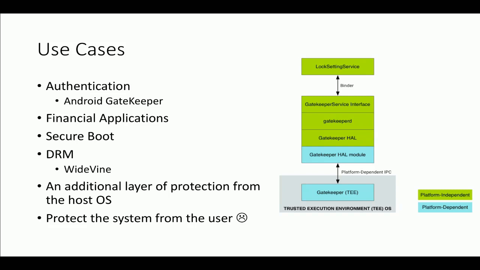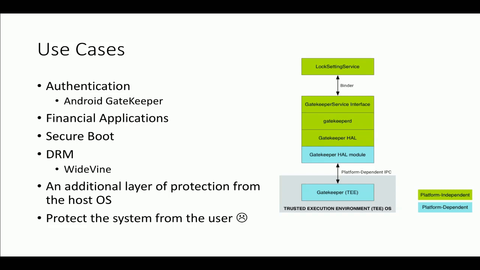So one example of how this works is Gatekeeper on Android, definitely a simplification of it, but you have the lock settings service that communicates via Binder, which is the inter-process communication within the Android high-level operating system. And that's going to talk to a service, which is called Gatekeeper service. That eventually makes it through the OS to a kernel module.